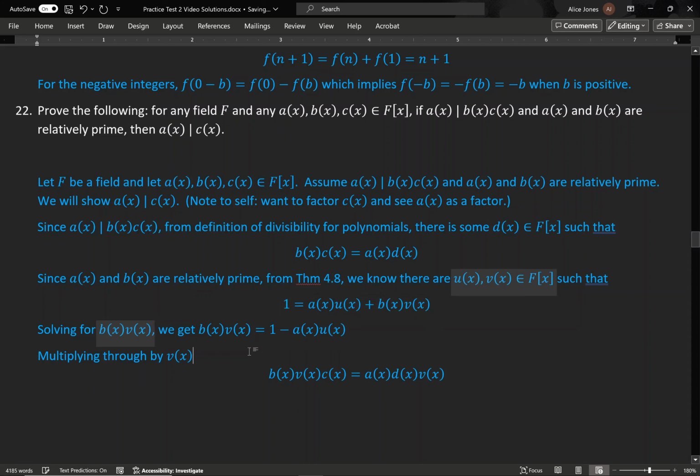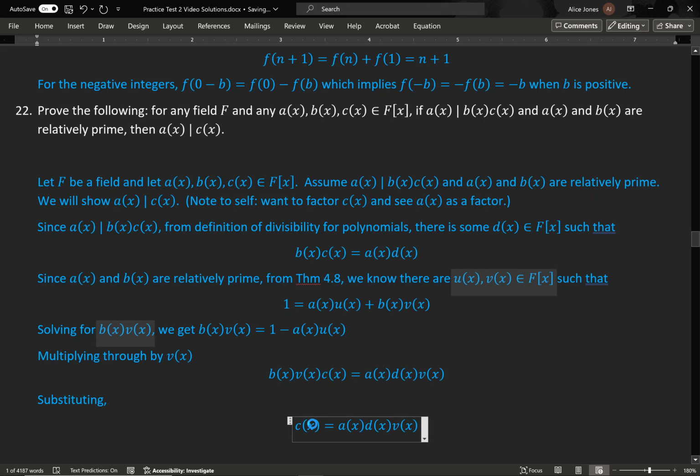And then multiplying through by v of x, we get that. And then substituting, I'm going to replace b of x with 1 minus a of x u of x.